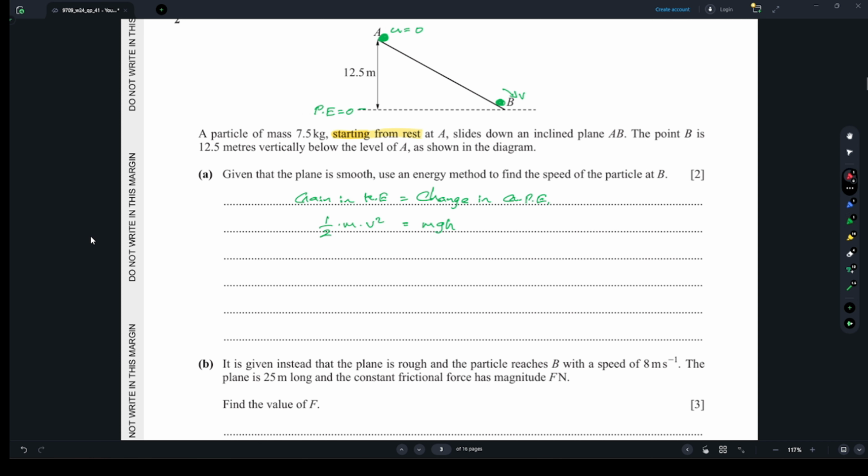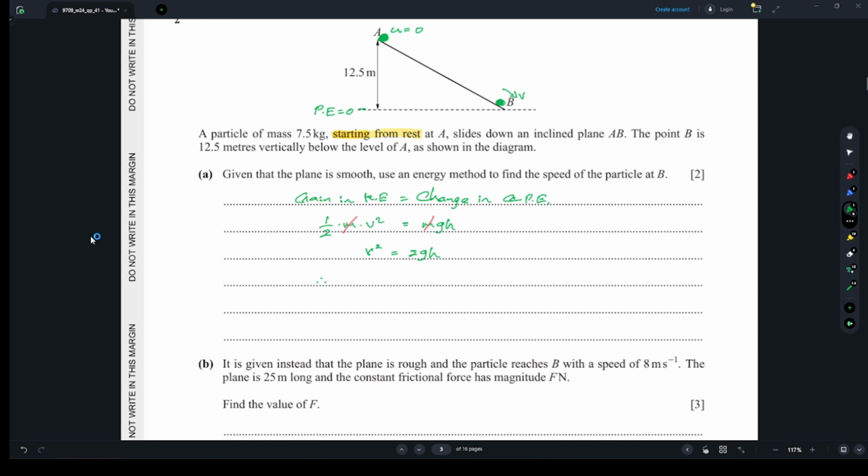And so here you can cancel out the mass, and then we need to find the velocity. So v squared is, by cross multiplying, 2gh here.